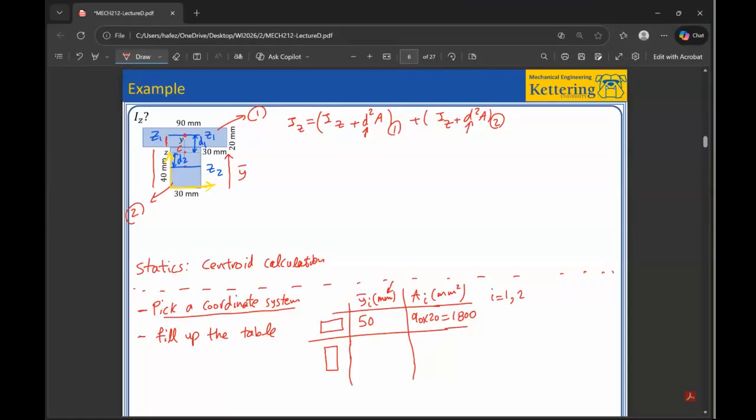We repeat this for the bottom one. So somebody please help me with y bar 2 now. How far is the distance between them, 20 all at the same time. Kiro and Drew.